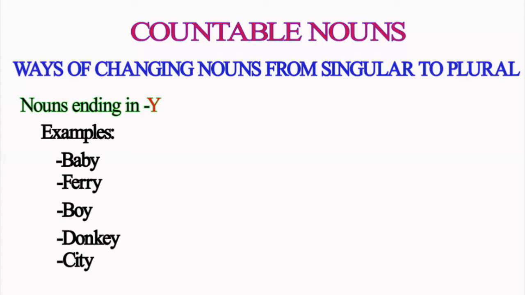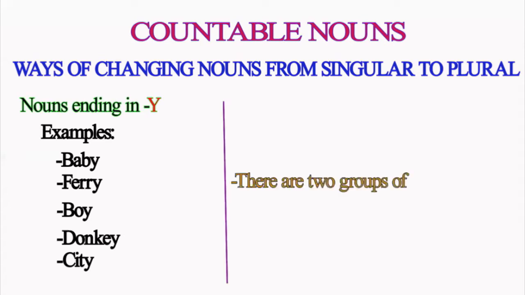Now, today we are going to see these kinds of nouns which end in Y. We are going to see ways of changing these nouns into plural form. There are two groups of nouns ending in Y. Nouns which end in Y are categorized into two groups.